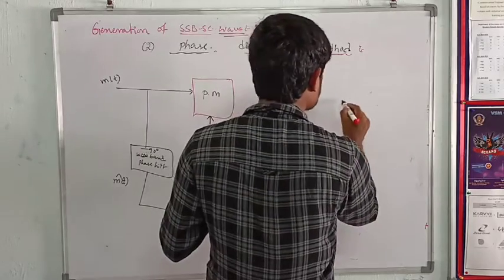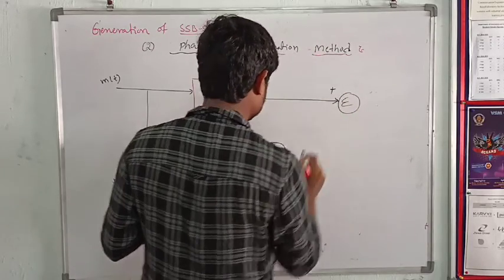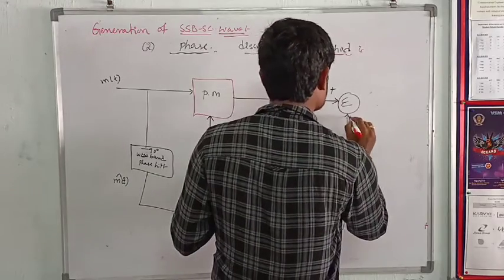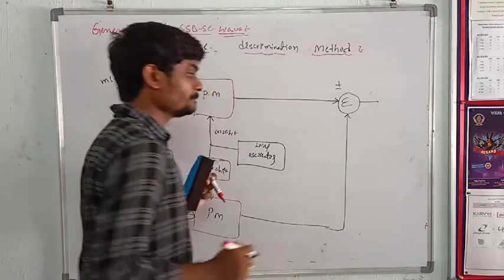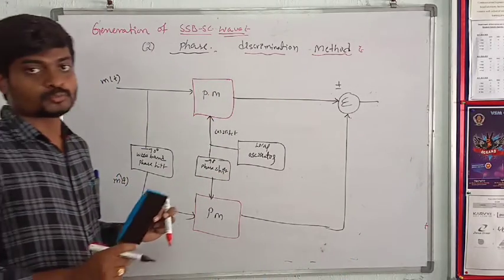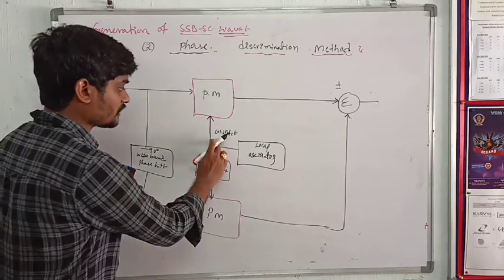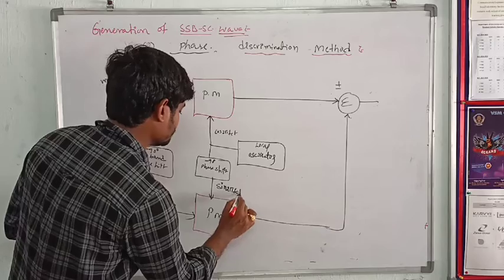Then we use a summer, plus or minus, to output the upper sideband or lower sideband. This is cos 2 pi fc t and this is sin 2 pi fc t.